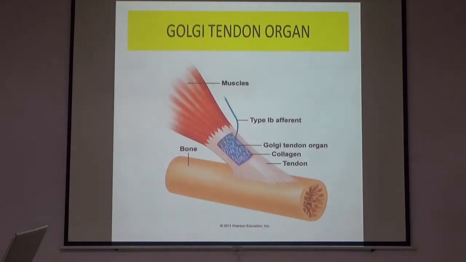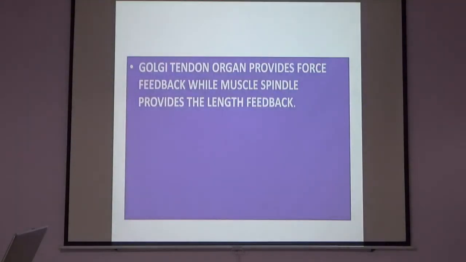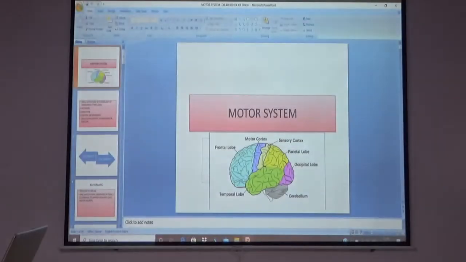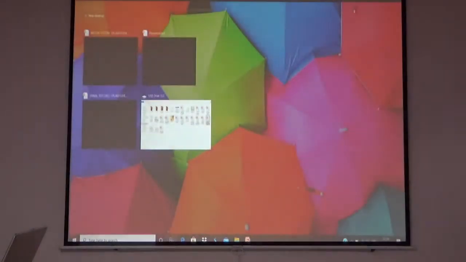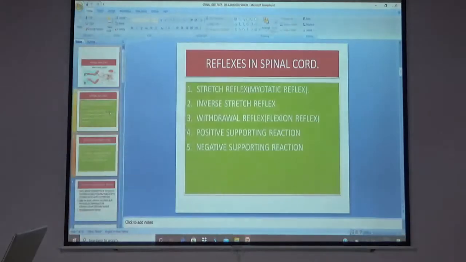First we are going to talk about the stretch reflex in spinal reflexes, and then we will talk about the inverse stretch reflex, the receptor of which is the Golgi tendon organ, the diagram of which is shown in the PPT right now. We will talk in detail about this. So today we are going to talk about the spinal reflexes.